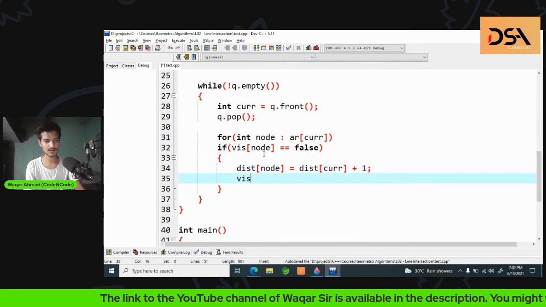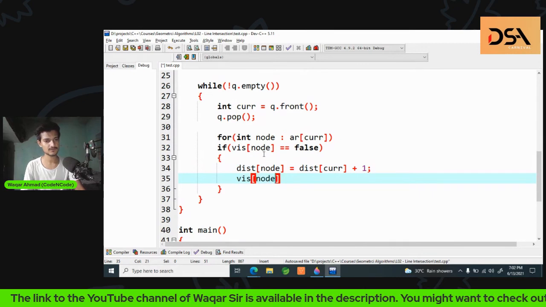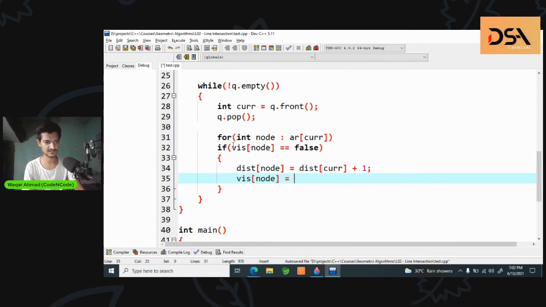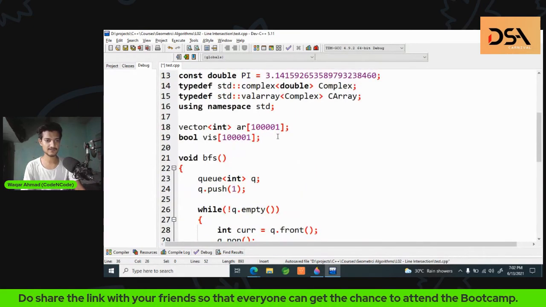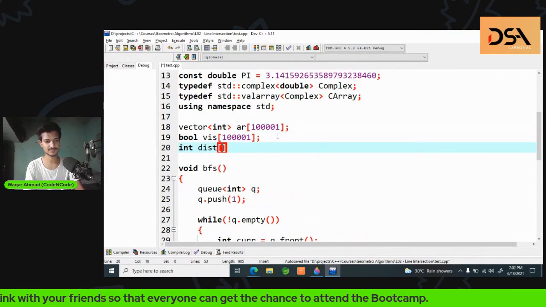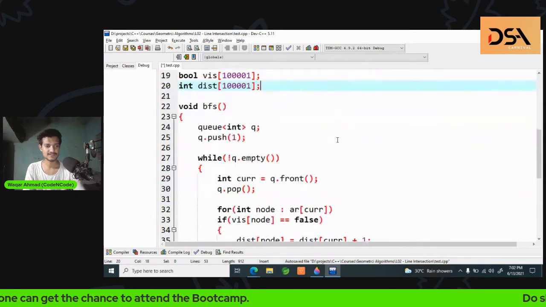Also mark the node that we just inserted in the queue as true, that it is visited, and push it into the queue. And we have not yet defined the distance array. So this is how your BFS works.